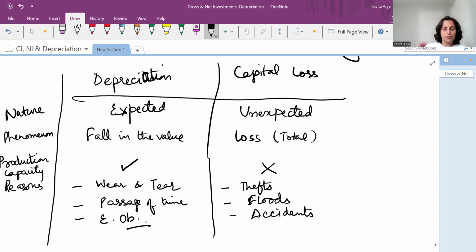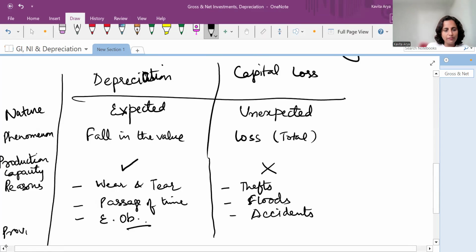The last point here is, do you have any sort of provisions maintained against these losses? Yes, the provision is maintained against depreciation, but we do not make any sort of provision for capital loss in the books of accounts.